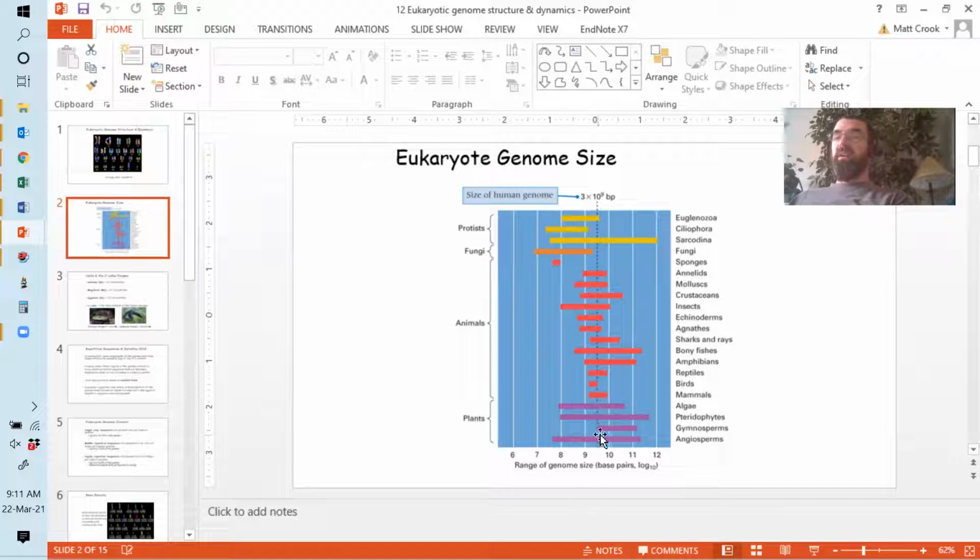In fact, compared to gymnosperms, oh, type of plant, I can't remember. Angiosperms like trees, I think. Anyway, again, not much of a taxonomist. We're way at the bottom range of that. So even though we consider ourselves complex organisms, and many of us consider ourselves the peak of evolution, in terms of genome size, we're pretty moderate.